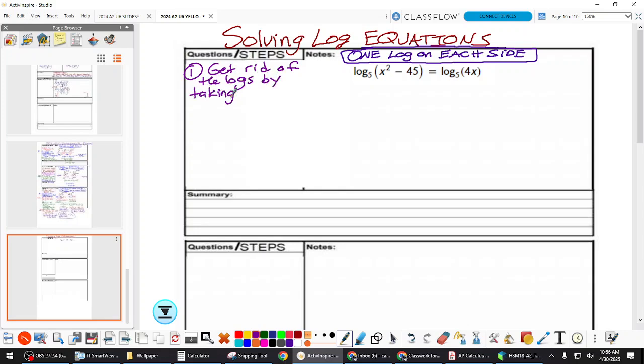So this is kind of like what we already wrote earlier in the notes.